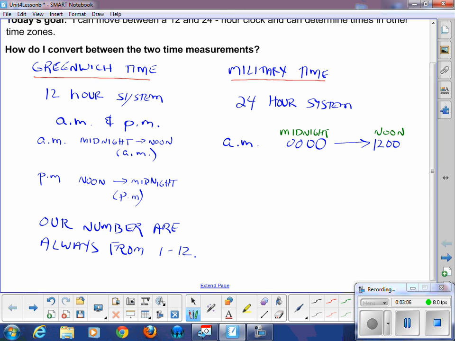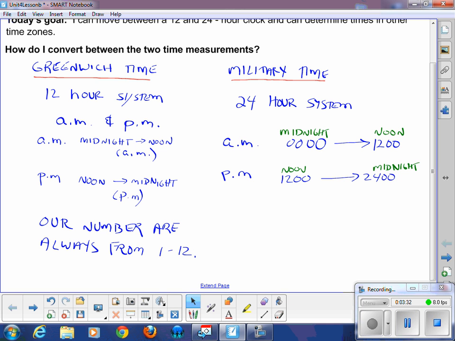When we move into the PM, again from noon, they go from 1200 hours to 2400 hours. So that's noon to midnight. And when they get to that midnight, it switches from 2400 hours back to 0, and we start the cycle again.